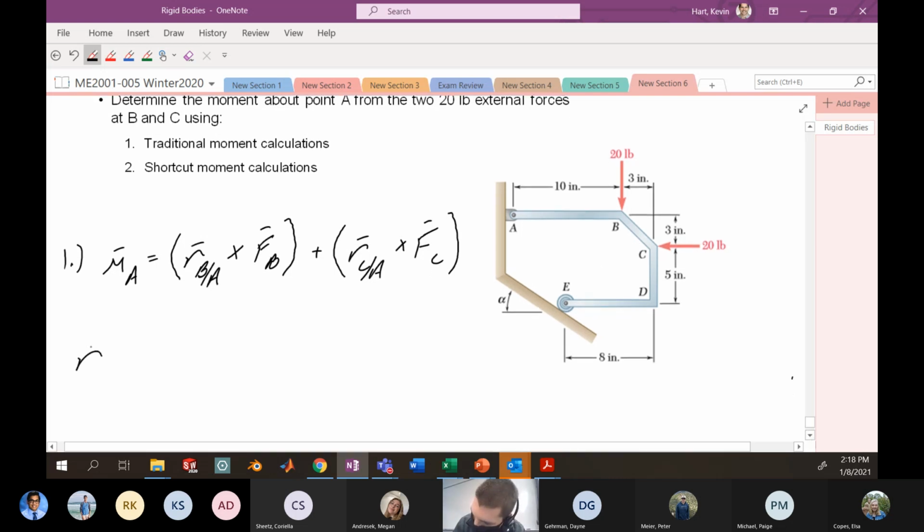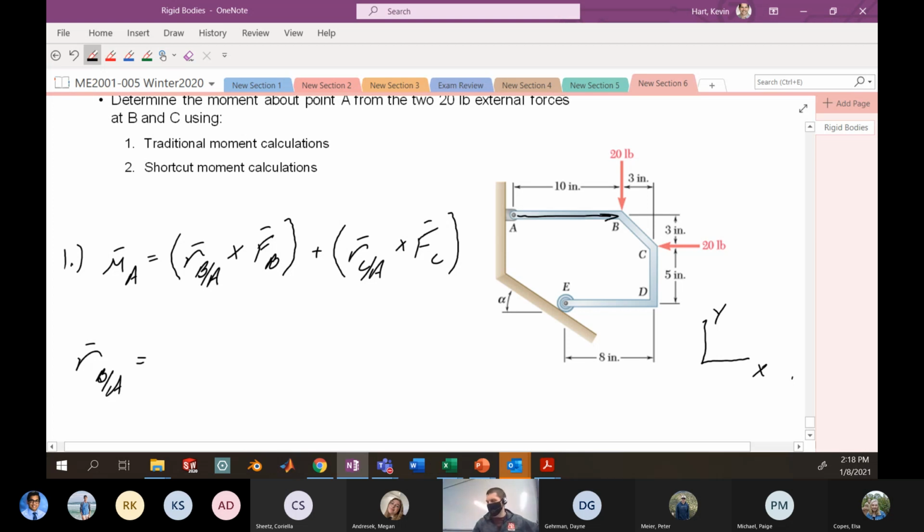So first, my position vector, which arrives at B from A. I'm going to need a coordinate system to work my way through this, and I think just the traditional coordinate system is nice here. So there's our little XY coordinate system. Make sure we're all on the same page. So my position vector arriving at B from A is just this guy here.